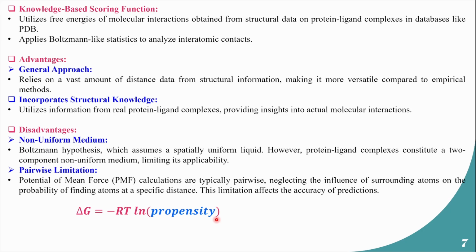Another approach is that when you have a large number of data points in a data set, you can divide the data points into particular sub ranges or bins, and then ultimately you can calculate the energy of the bins based on their populations. So the lowest energy bin will be the highest populated bin, and you can calculate the relative energy, which will give you an idea about the distribution of the data in terms of free energy, right?